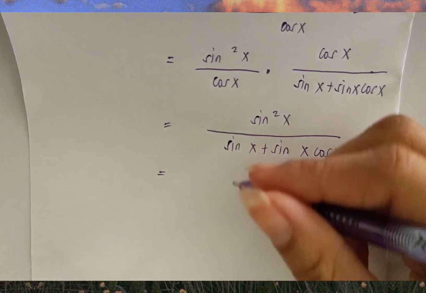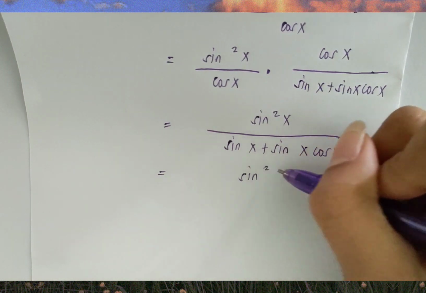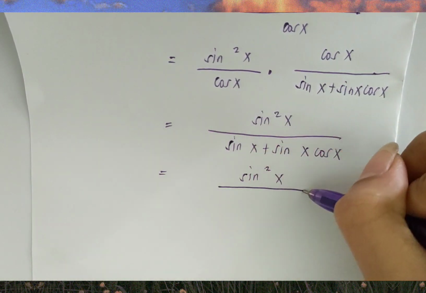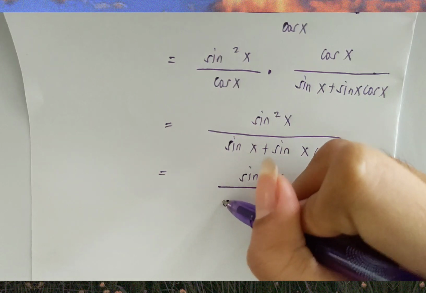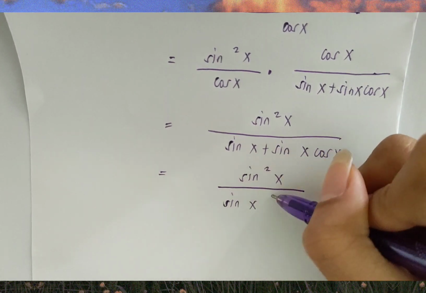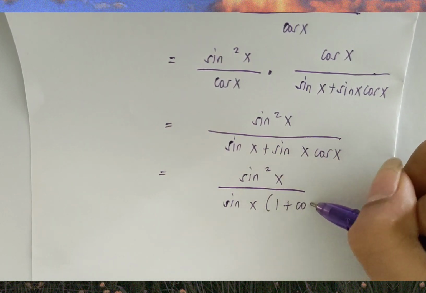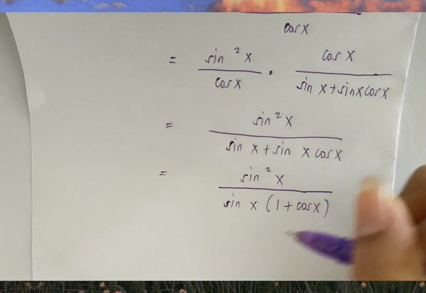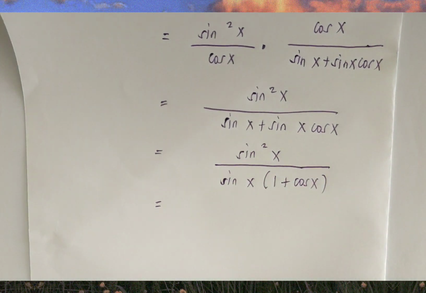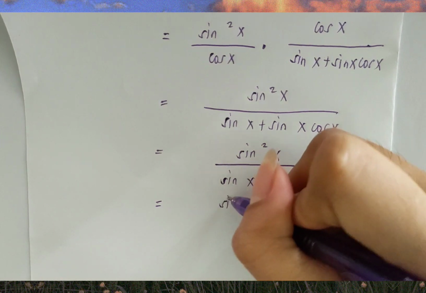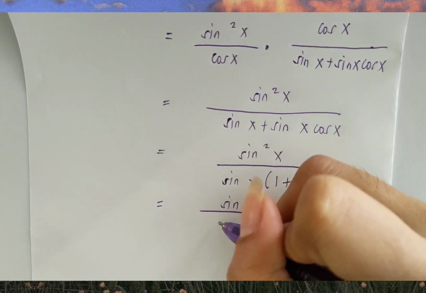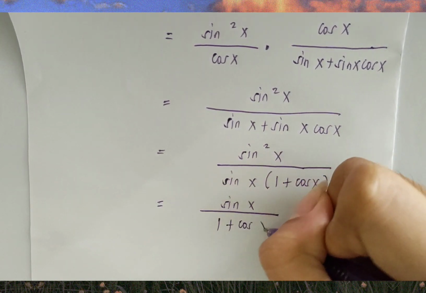After that, we'll have sine squared x all over sine x times 1 plus cosine x, which equals sine x all over 1 plus cosine x.